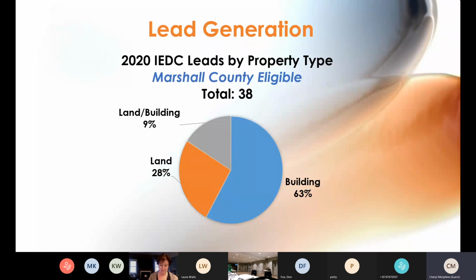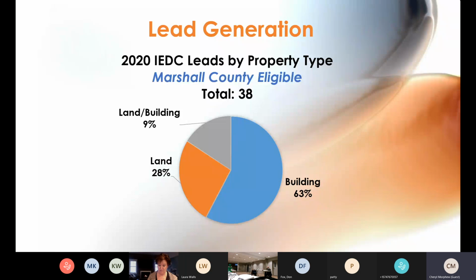But last year in 2020, these were the types of properties that were requested that included Marshall County. So not all leads does Marshall County see, and not all leads is Marshall County in the geography of the criteria the company is searching for.